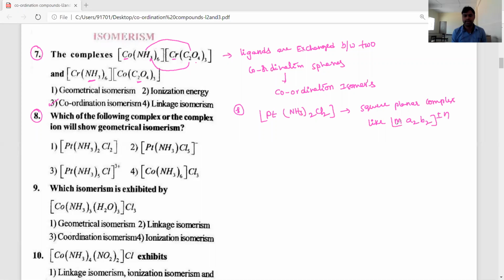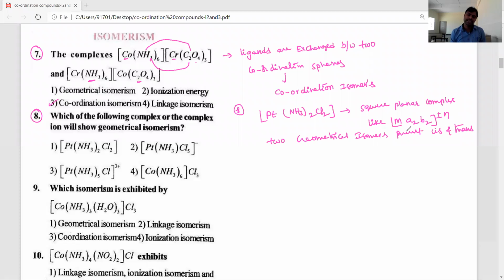So it shows geometrical isomerism. It has two geometrical isomers, cis and trans.